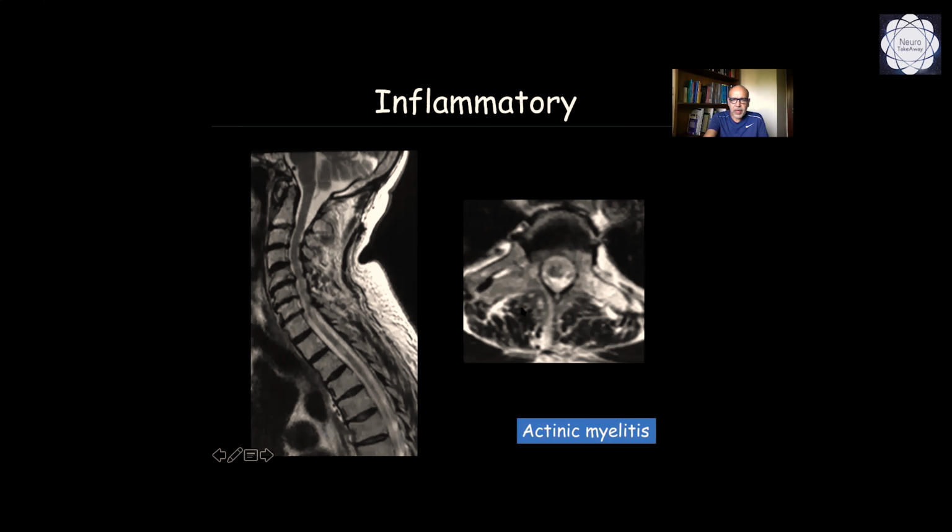When we went to see the axials, which are extremely important, we recognized this lesion on the left side of the spinal cord, but at the same time in the adjacent arch of the vertebra, you see this hyperintensity, which was also in the rib.